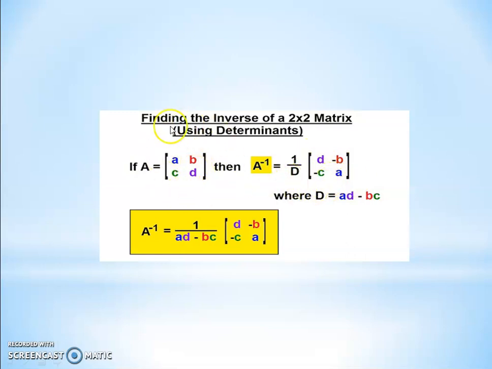We have to find the determinant of the given matrix. Always remember that. What is the determinant of the given matrix? AD minus BC.